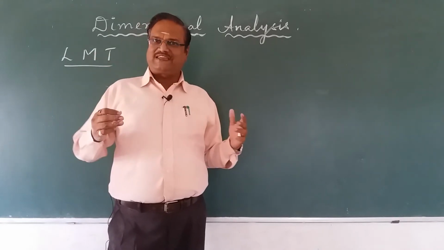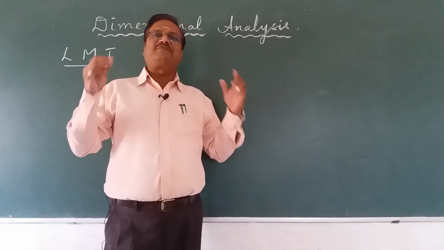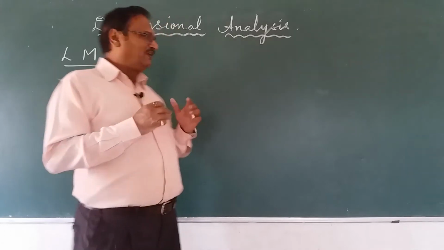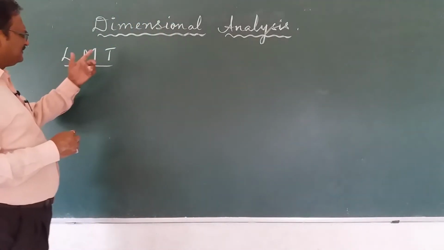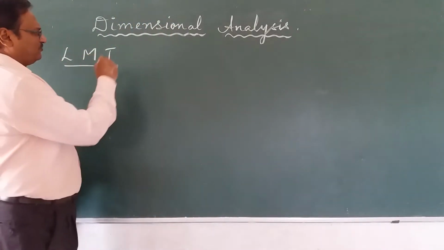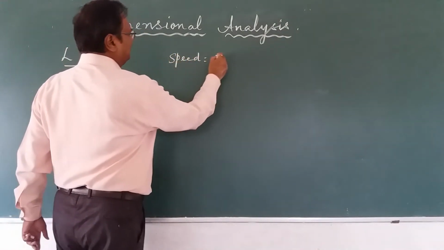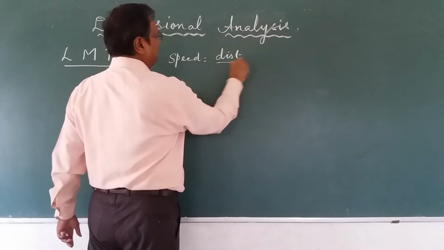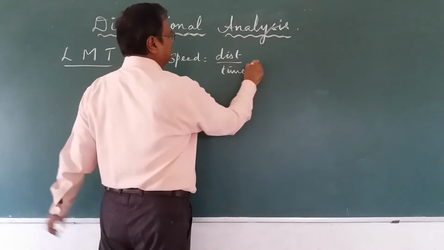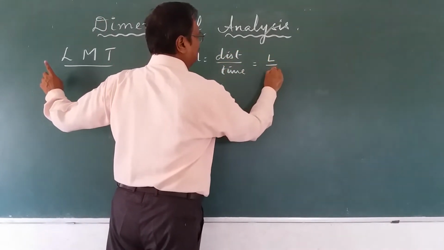And again I say that a physical quantity is a measurable quantity. Now, length, mass and time. For example, if I take speed, speed is distance upon time. Distance is length, and time is t.